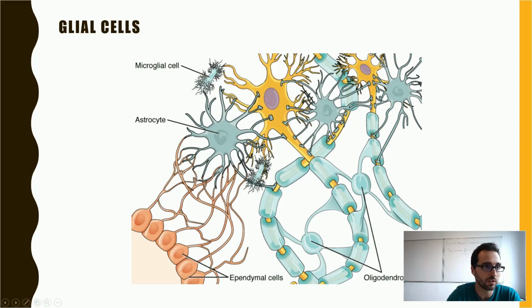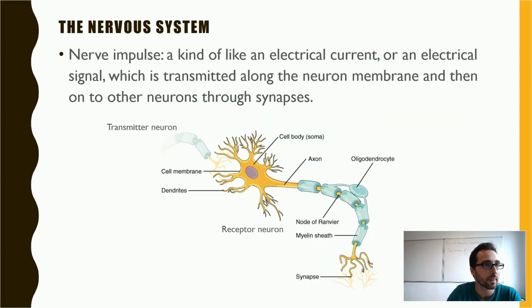So let's continue with the class. We're going to talk about the nerve impulse. It's an electrical current which is sent through the membrane of the neurons. It's quite important. So the nerve impulse is generated in a transmitter neuron, and it is sent through the membrane to the next neuron.